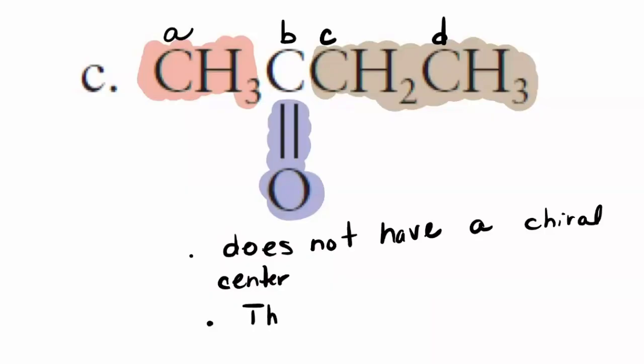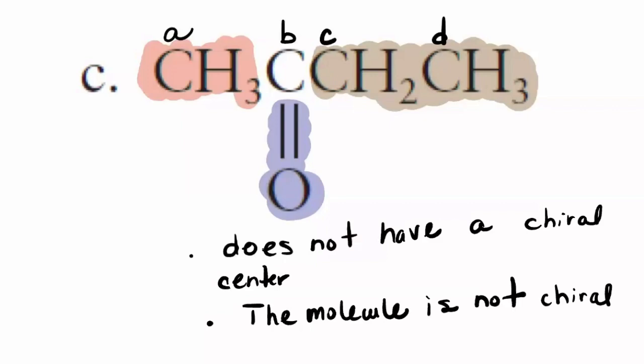The molecule is not chiral, so we don't have to draw an asterisk at any of the carbons in molecule C.